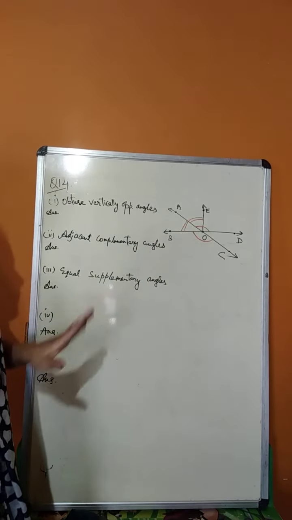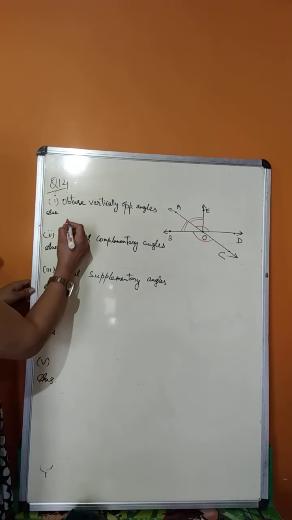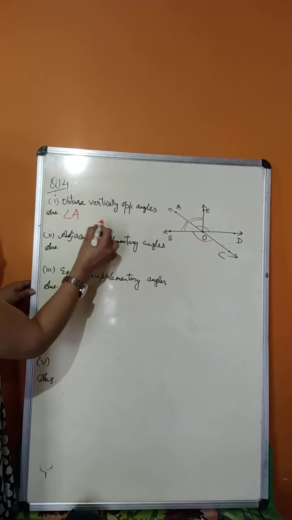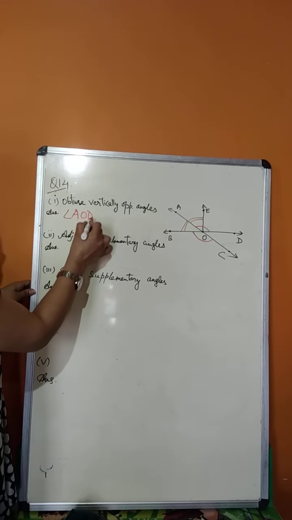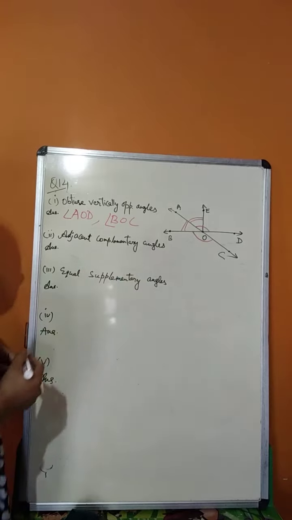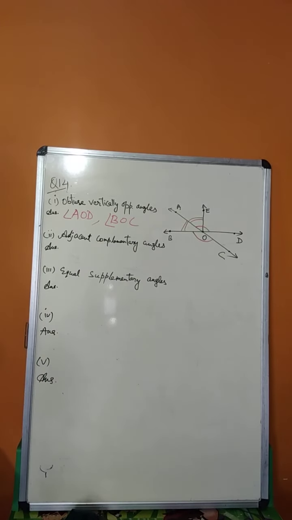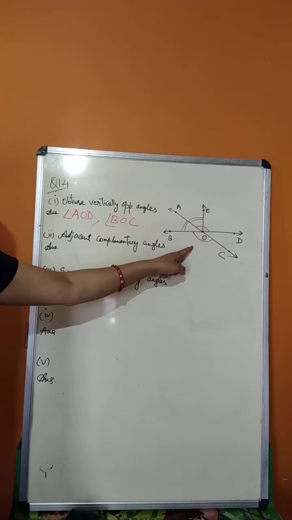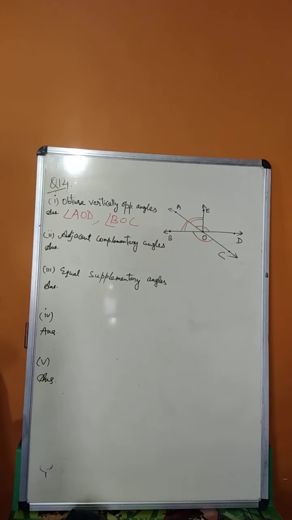So this will be the pair: angle AOD and angle BOC are obtuse vertically opposite angles.